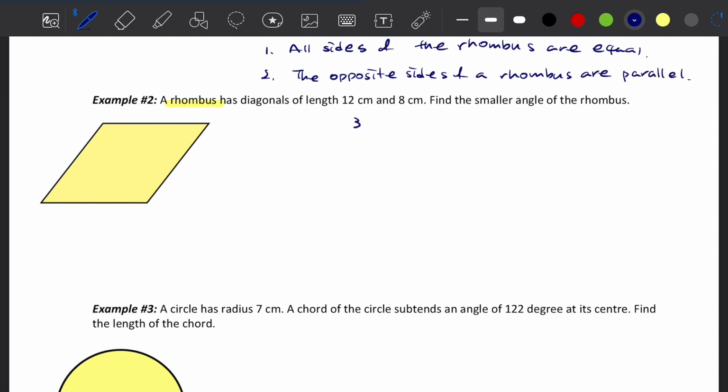And three, the opposite angles of a rhombus are equal.